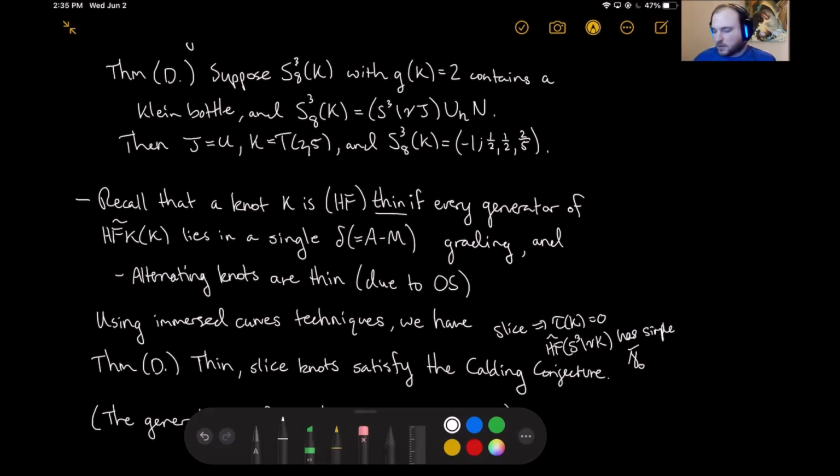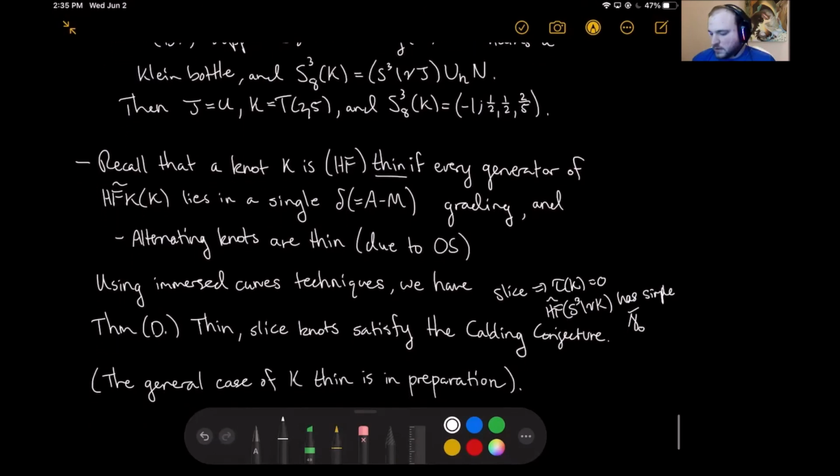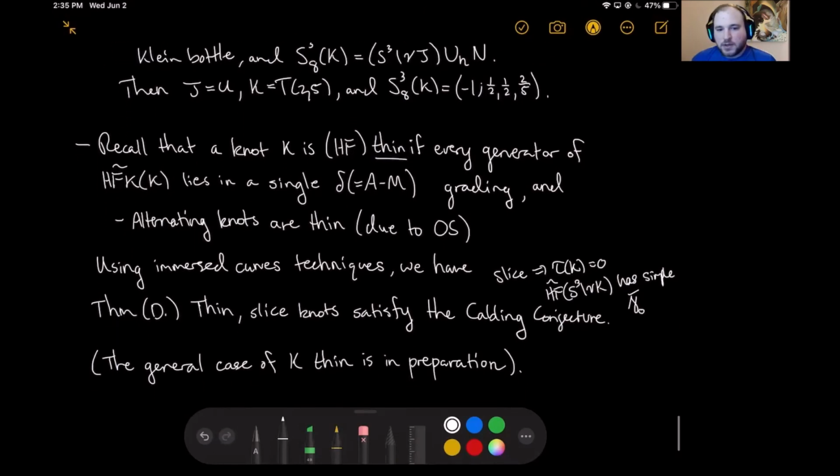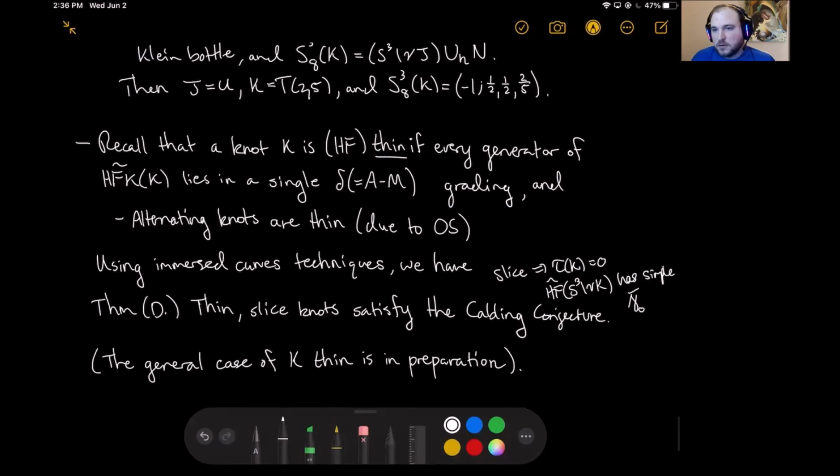This is just a horizontal line, and this is something that was seen for the figure 8 complement. One of the components is just a horizontal line, and in this case, I show that they do satisfy it. The general case of K thin without this tau equals 0 assumption is in preparation, close to finished.